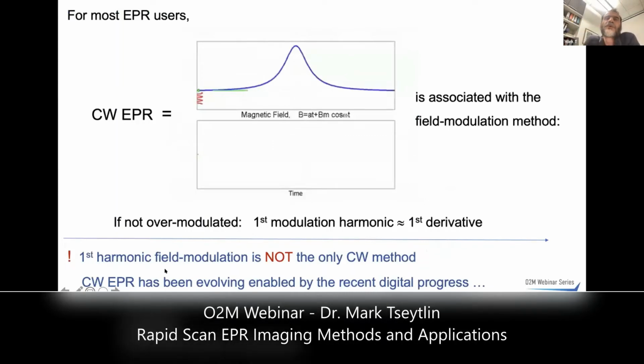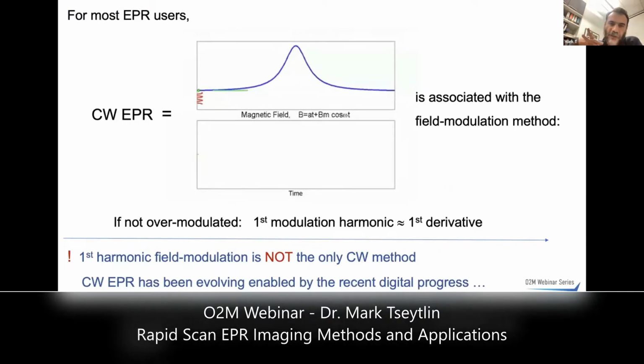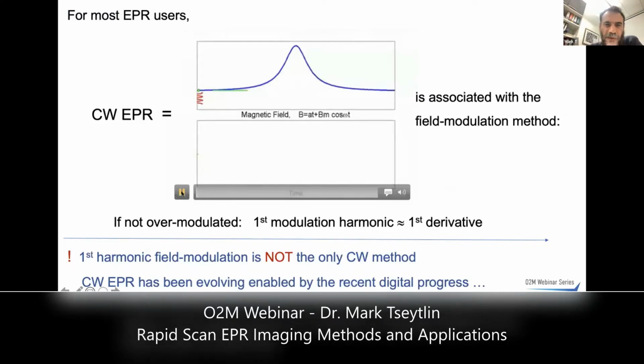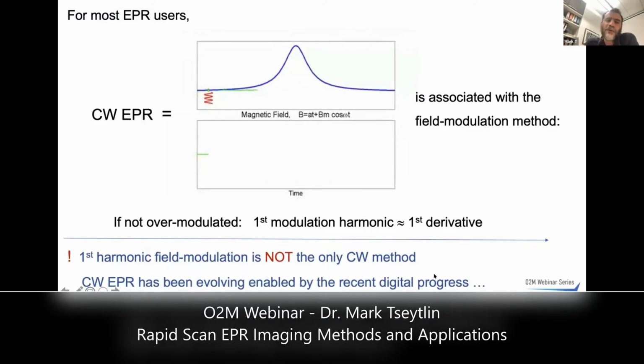So even for most EPR users, when somebody says CW EPR, what comes to mind is not actually this engineering definition, which is this infinite wave, but something completely different. What comes to mind to most EPR users is an experiment where there is a slowly changing magnetic field and there is a modulation, and the amplitude of the modulation is selected to be small compared to line widths.